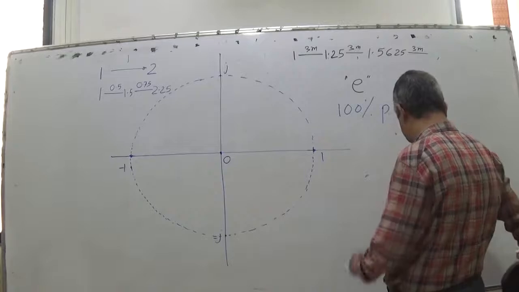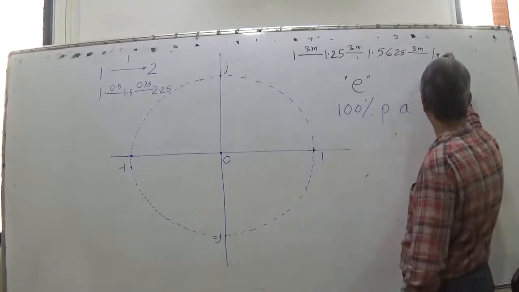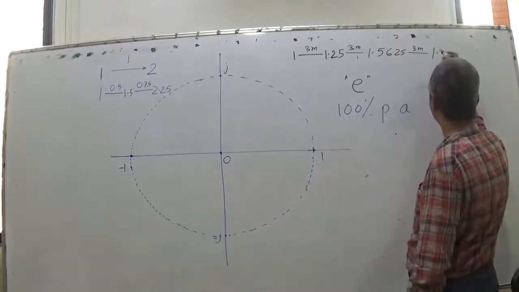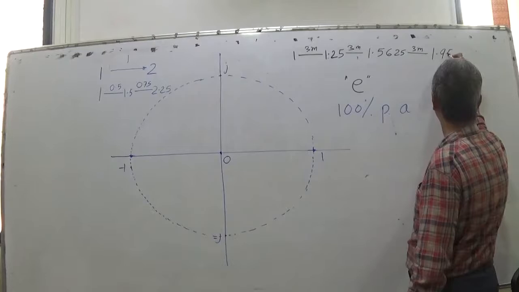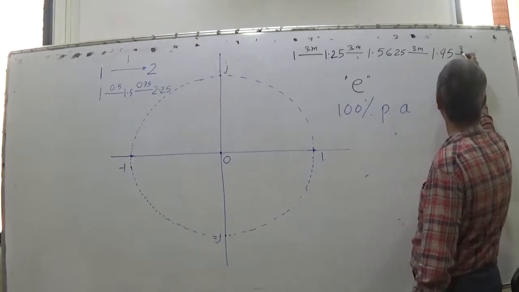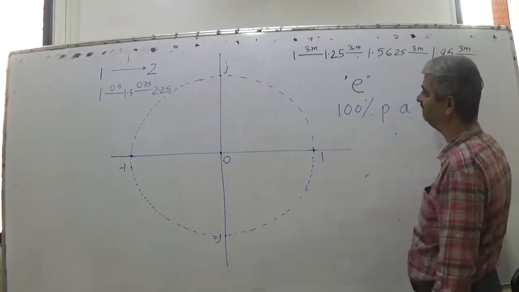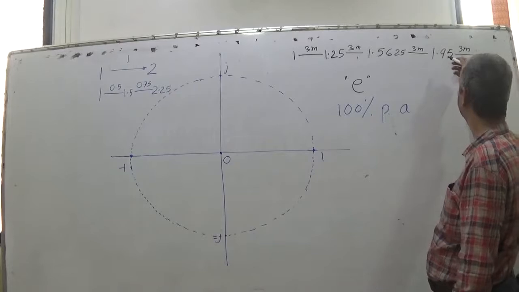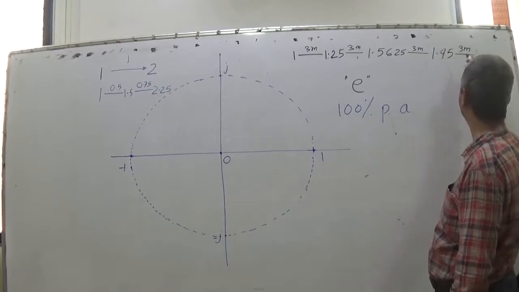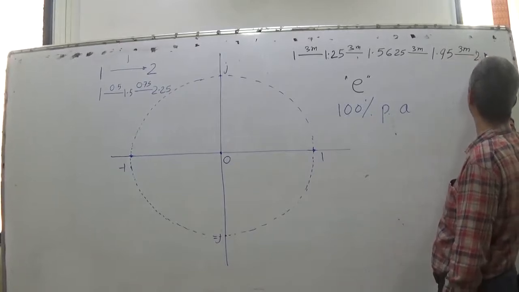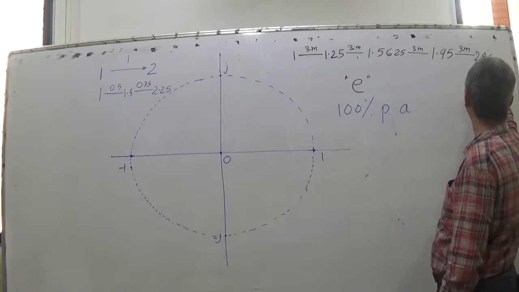So when 0.39 gets added, it becomes approximately, I am calculating it, 1.95. And after 3 months, further 0.49 will be added, giving 2.44.